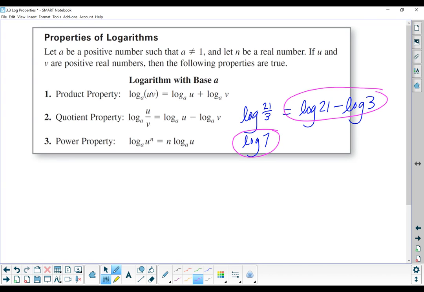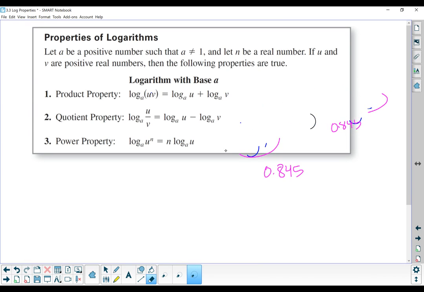Log of 7 is 0.845. And if I type in log of 21 minus log of 3, I get that same thing. So that's just a little numeric verification there.